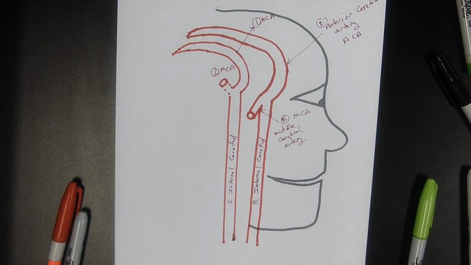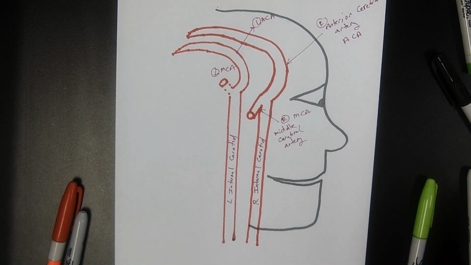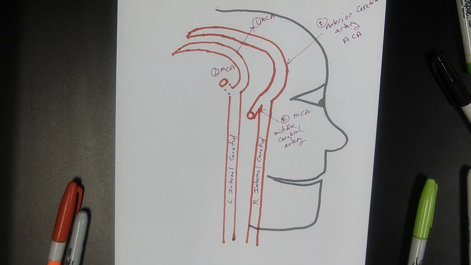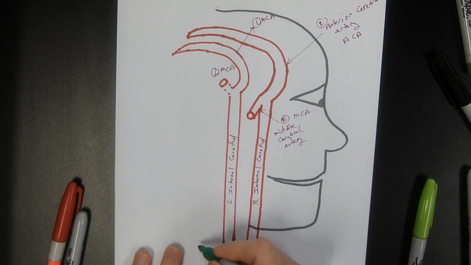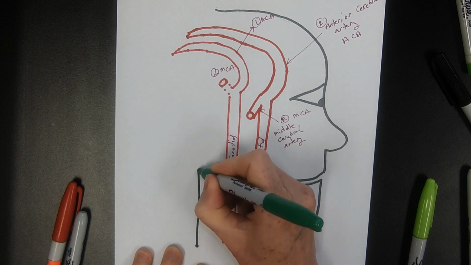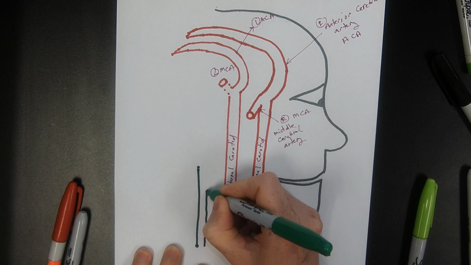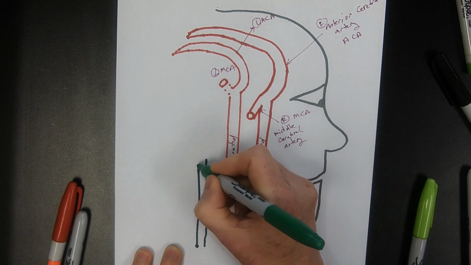Pretty simple, straightforward. Okay, now let's see if we can put things together. Let's add in the posterior circulatory system here and see what happens. So we have right and left vertebral arteries coming up here in the back.